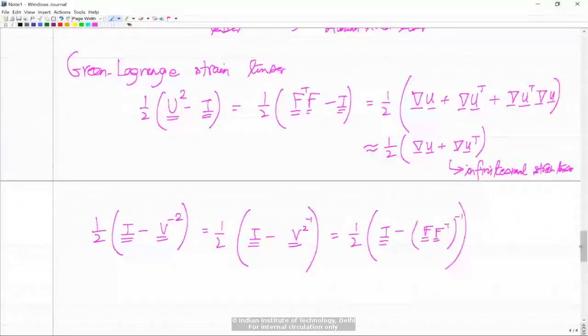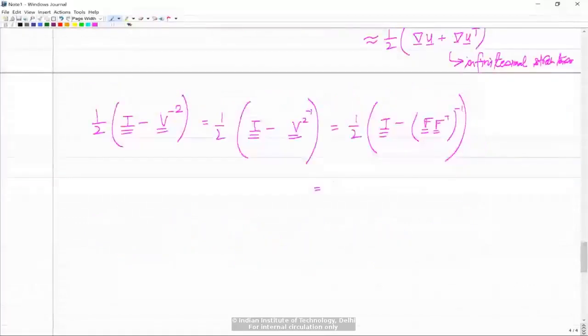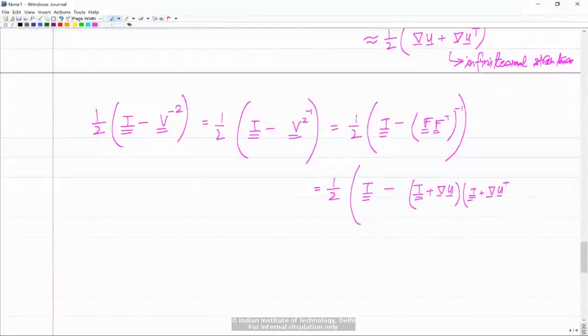Let's see what this is. F F transpose will be I plus grad u into I plus grad u transpose, and then you take the inverse.